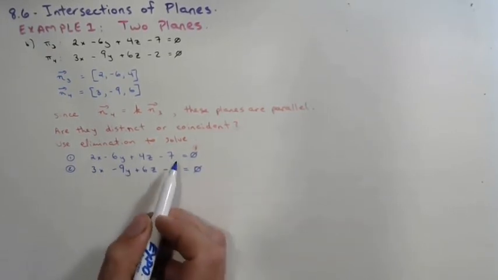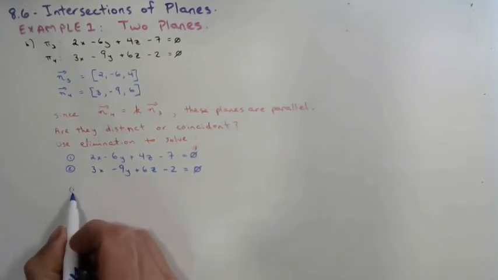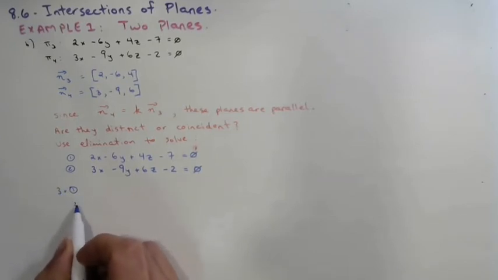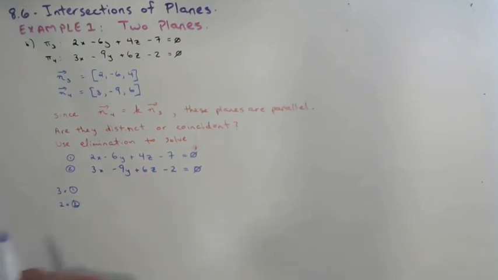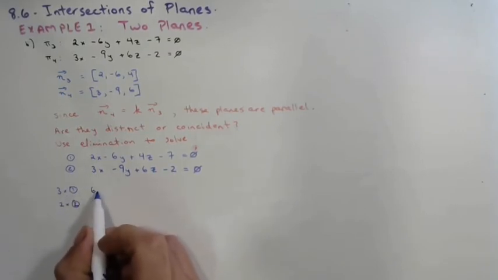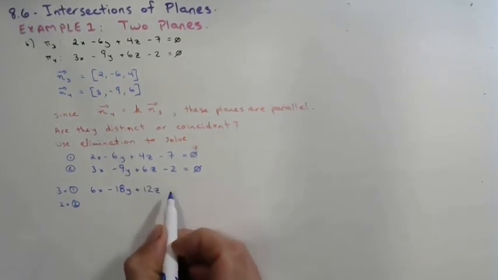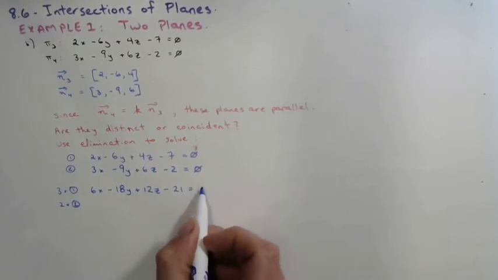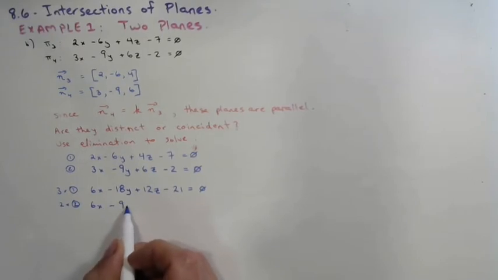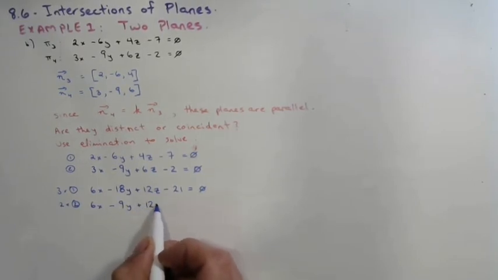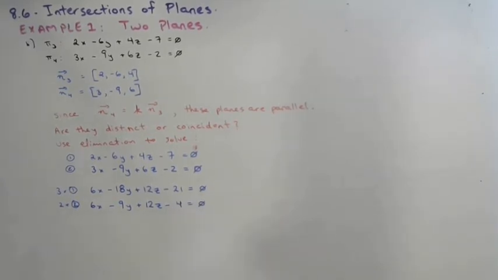I see none of my coefficients line up, so I'm going to multiply equation 1 by 3 and equation 2 by 2. That's going to give me coefficients that are the same value. So I have 6x minus 18y plus 12z minus 21 equals 0, and equation 2 becomes 6x minus 18y plus 12z minus 4 equals 0.